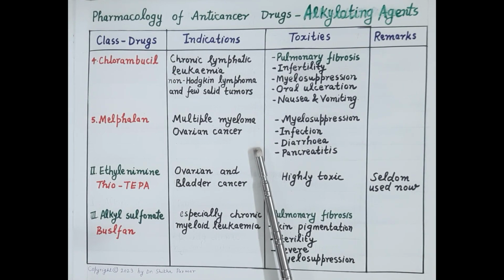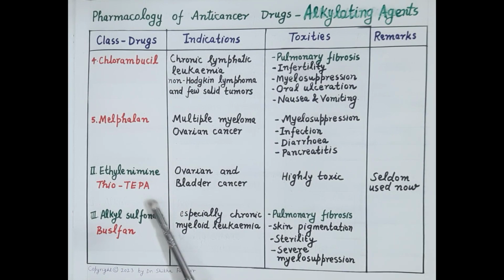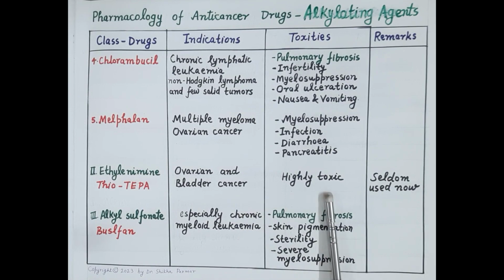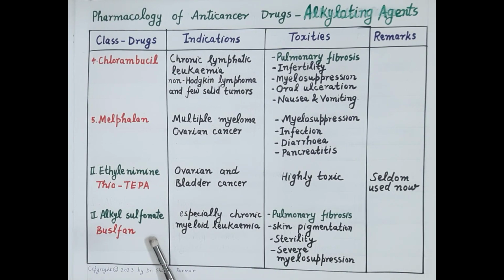Now, after nitrogen mustard, another class of alkylating agents is the ethylenimine. The drug is thiotepa. Thiotepa is effective in ovarian and bladder cancer, but because of its very high toxicity, it is seldom used now. The next class of alkylating agents is the alkyl sulfonates.